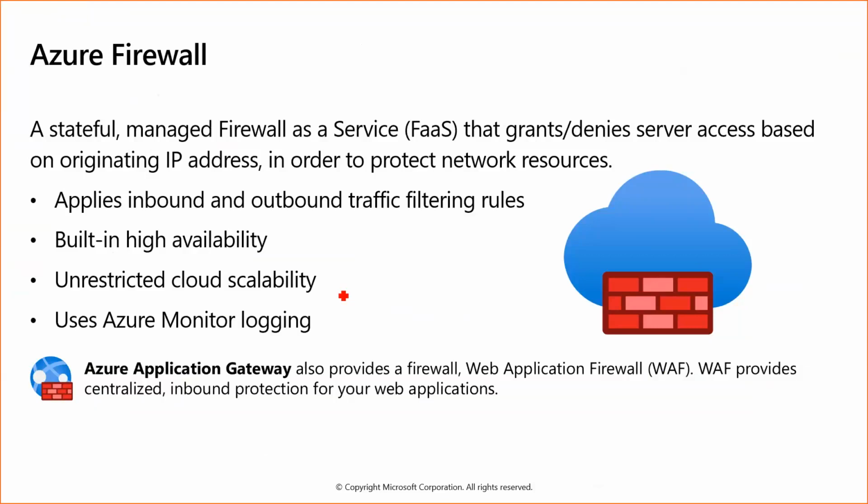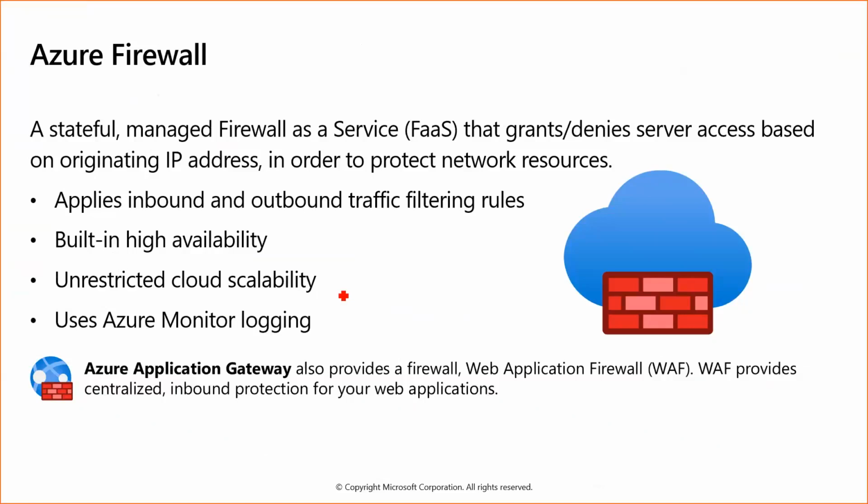As the definition suggests, we can provide access or deny access based on the originating IP address. Like if a request is coming from some XYZ or a particular IP address and we want to restrict, or we want to give access only to particular IP addresses, we can use Azure Firewall. What are its features?